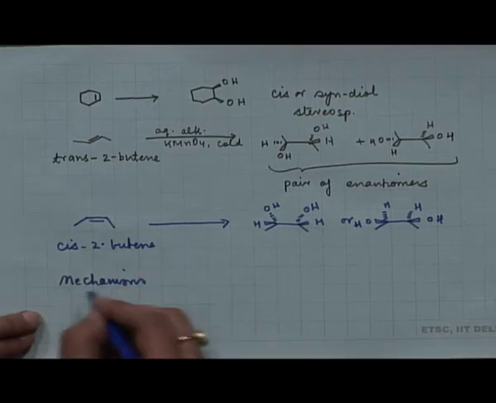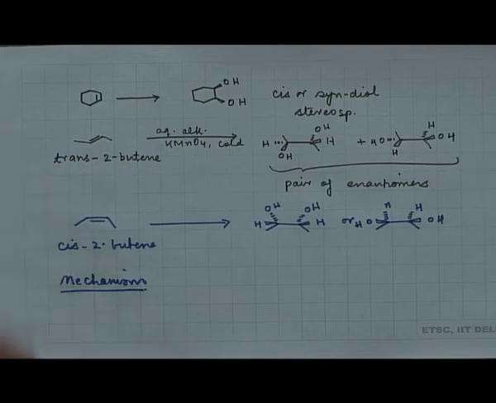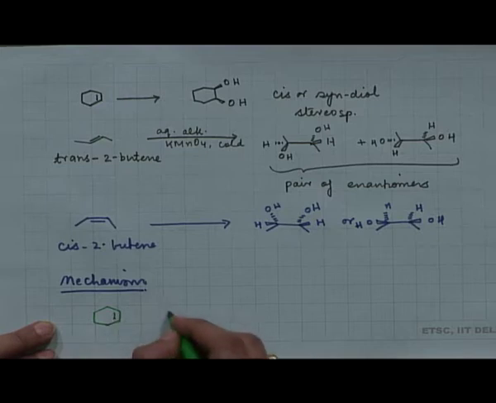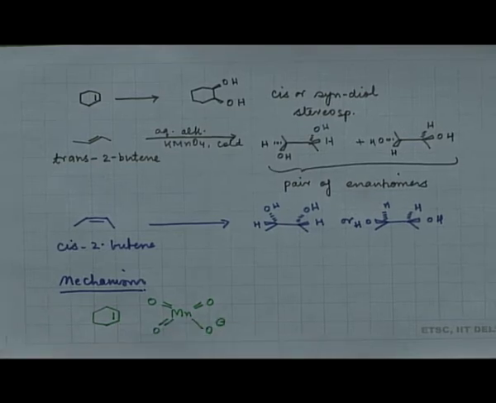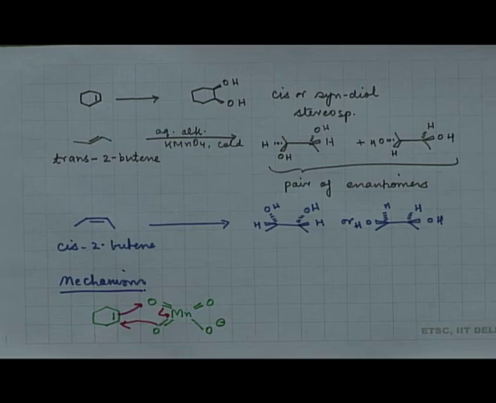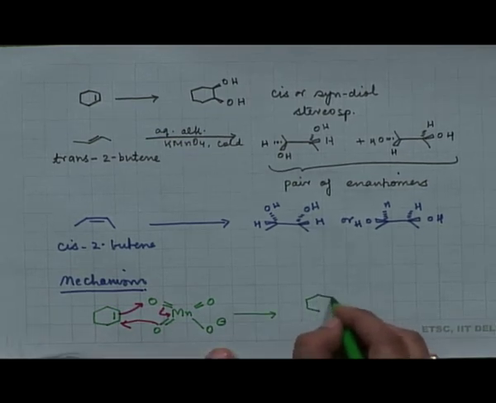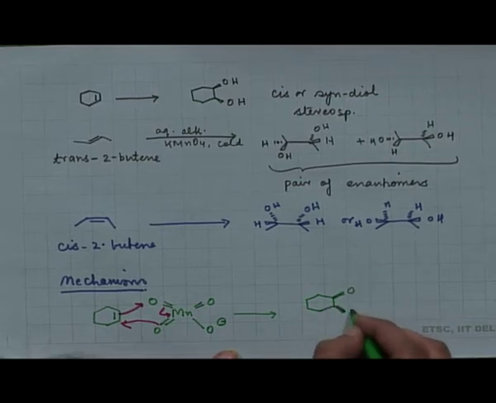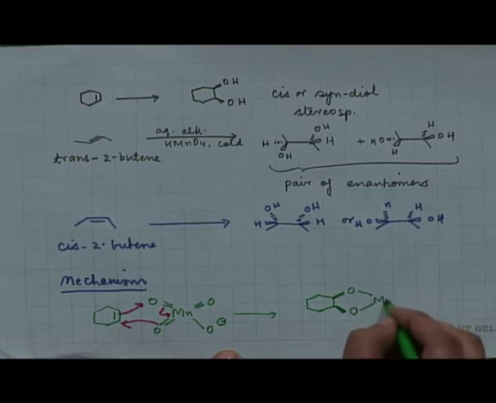So, let us look into the mechanism of the reaction, how it operates in giving us a syn stereochemistry. When you start with any olefin and you treat it with permanganate, the first step is the attack of the pi electrons of the olefin onto the permanganate to give you a cyclic intermediate.